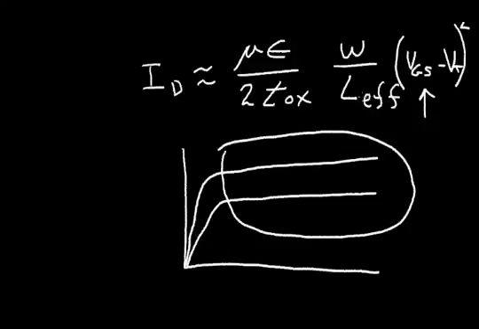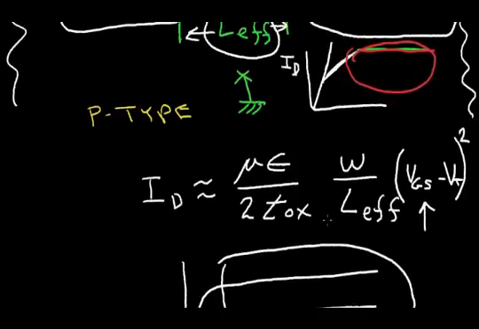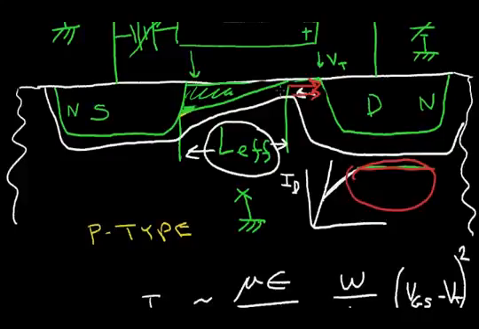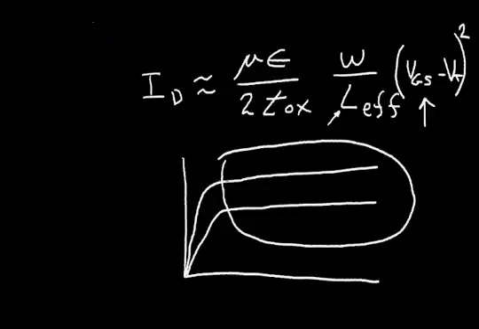And notice that as we increase the drain voltage, this L effective, this term here, gets a little smaller because this channel region moves over further to the left, and that decreases this effective channel length. And decreasing the effective channel length will tend to increase the slope a little bit.